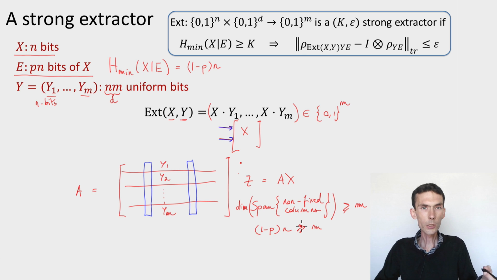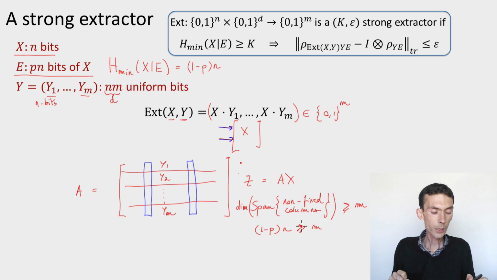Note that here the argument doesn't require Y to be unknown. What is important is that which bits are fixed, meaning the adversary's side information, is determined before the matrix Y is chosen. Otherwise, we could always tweak things.